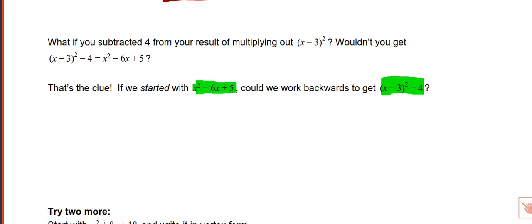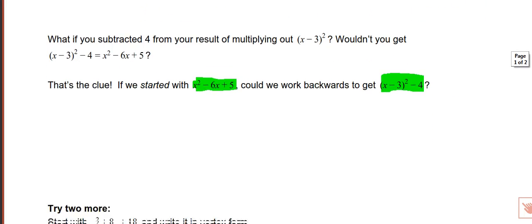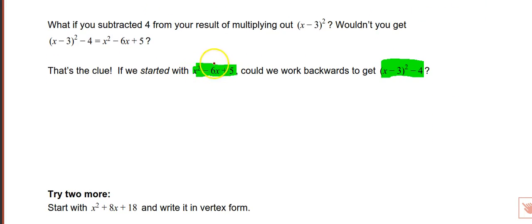Okay, so one observation that we need to make, one pattern here, is if I started with x squared minus 6x plus 5, it's related to this. And the minus 6x showed up in my box as minus 3 and minus 3. It was exactly cut in half. So let's start there. If I take my middle term and I cut it in half, I would get x minus 3, x minus 3.